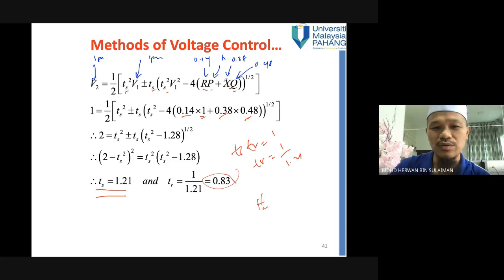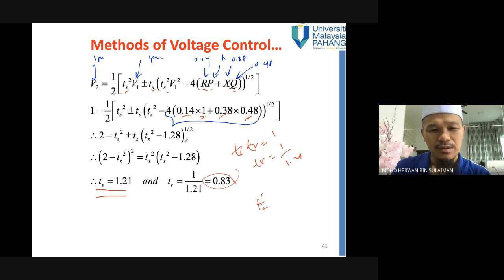So you put all the information here, so you get your value. You need to solve this value. So you get TS squared minus this value, which is 1.28. You can verify the answer.